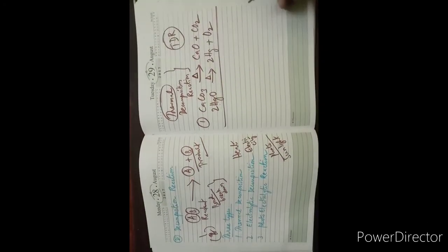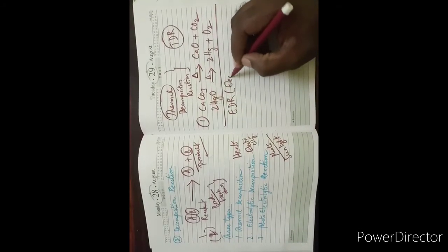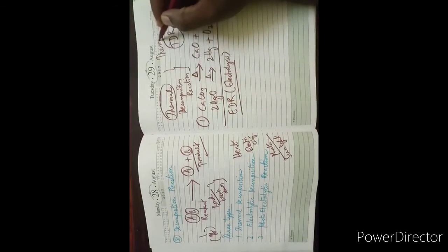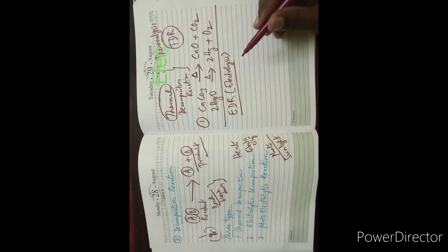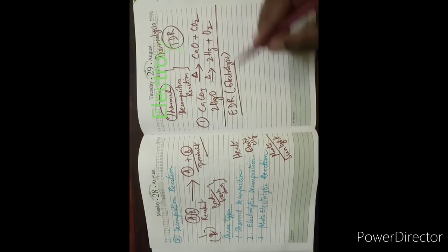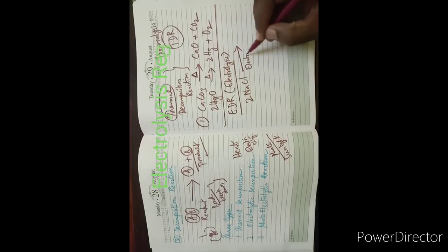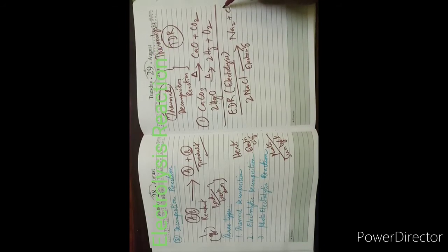What about electrolytic decomposition reaction? Electrolytic decomposition reaction, we can also call it electrolysis. Similarly, thermal decomposition can be called thermolysis. One more example for it: 2 moles of sodium chloride on application of electricity will change into 2Na plus Cl2.